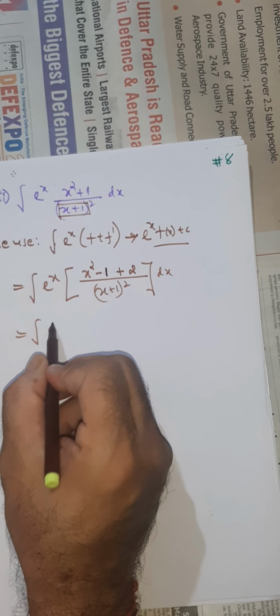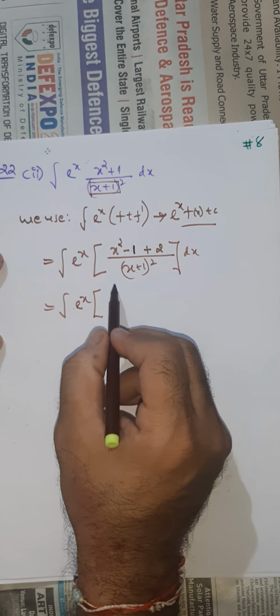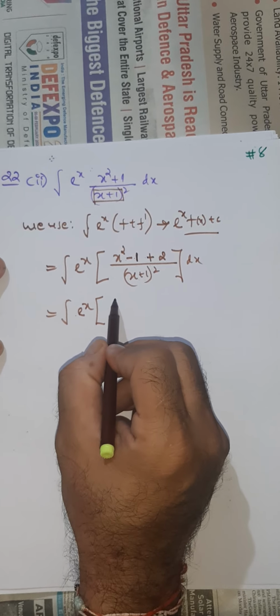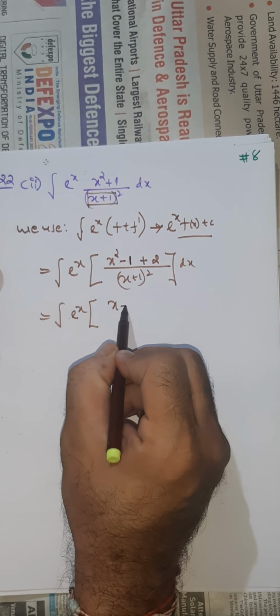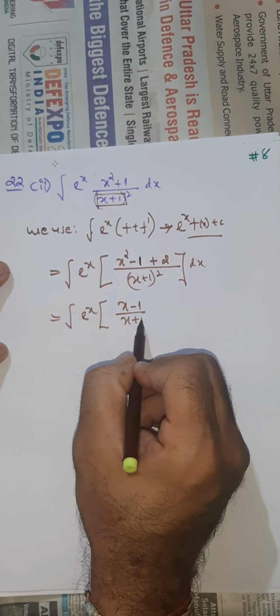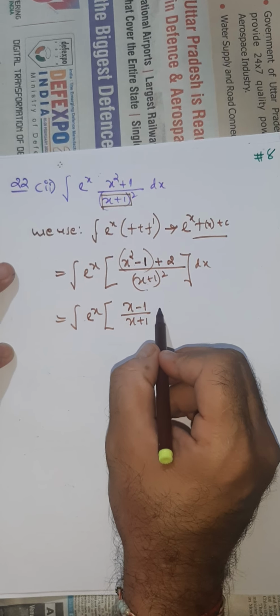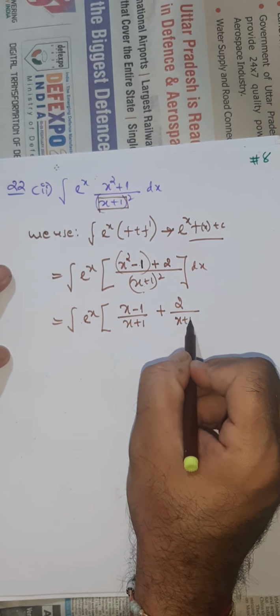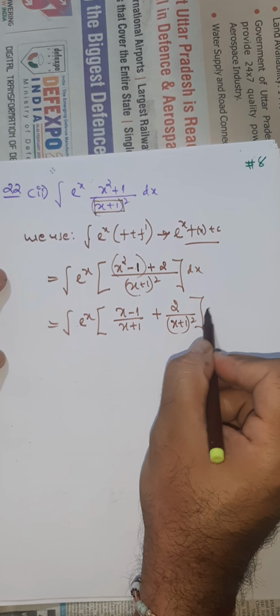Now do individual division, so this upon this, so you have x minus 1 upon x plus 1. It has two factors, 1 will get cancelled with this, plus 2 upon x plus 1 the whole square.